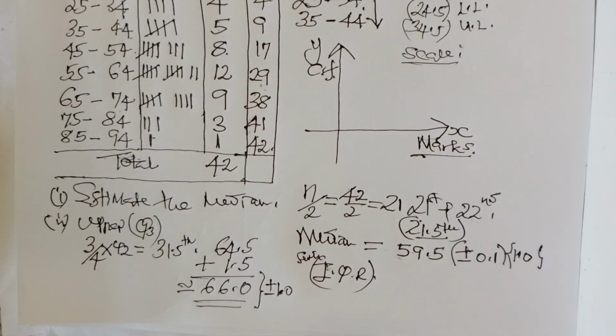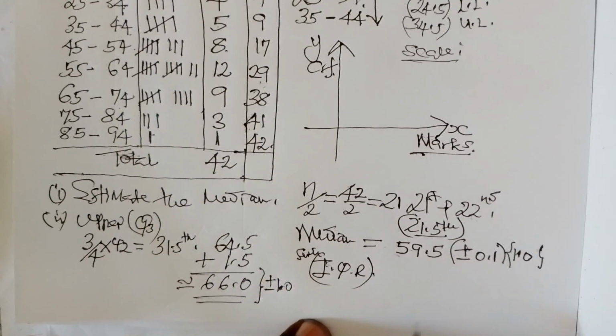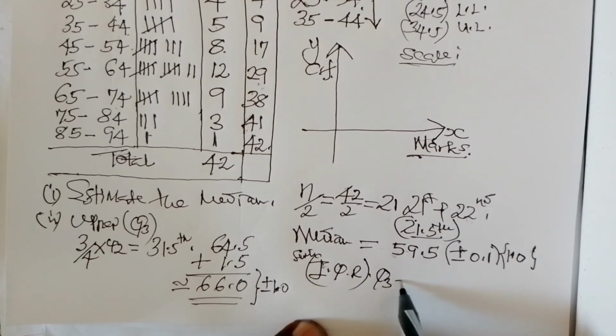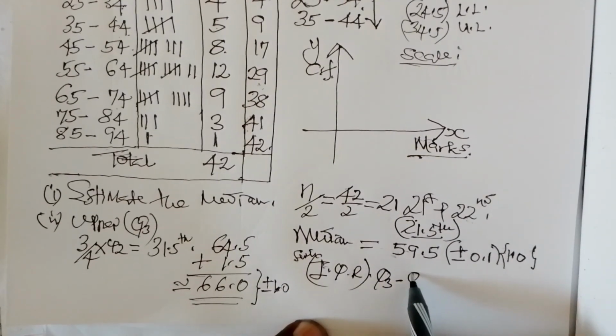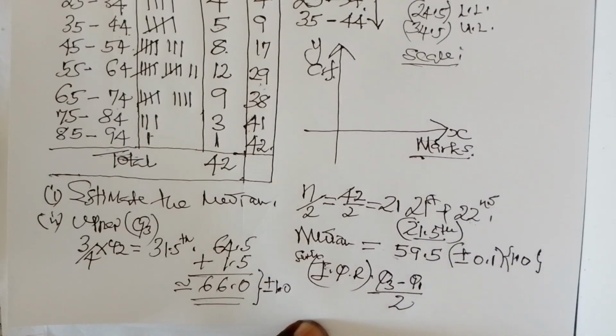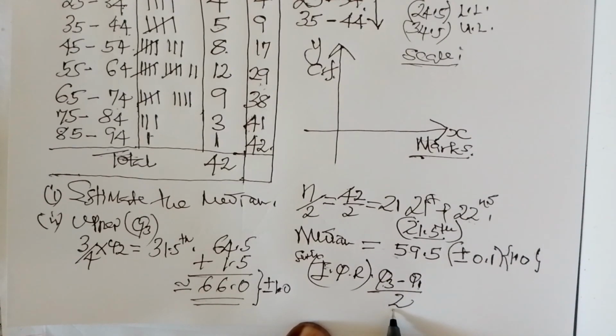So how would you go about calculating the semi-interquartile range? The semi-interquartile range is given by the upper quartile minus the lower quartile, divided by 2.